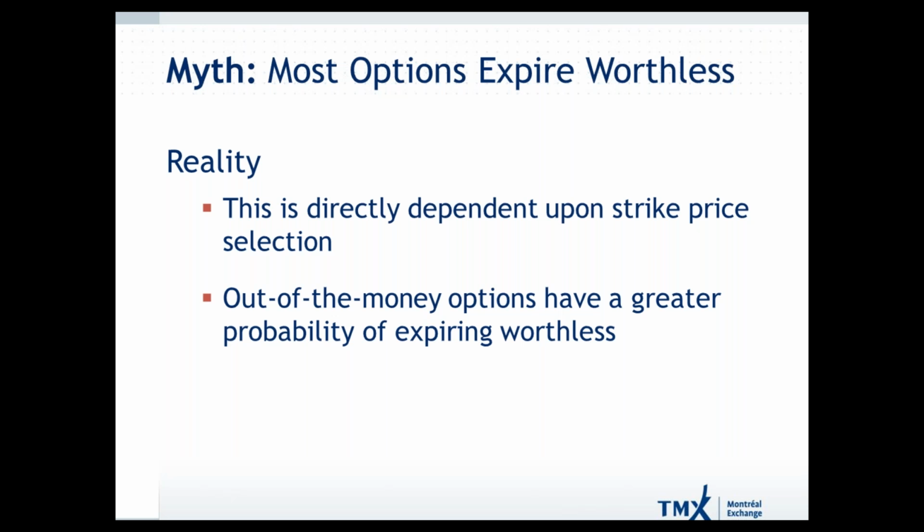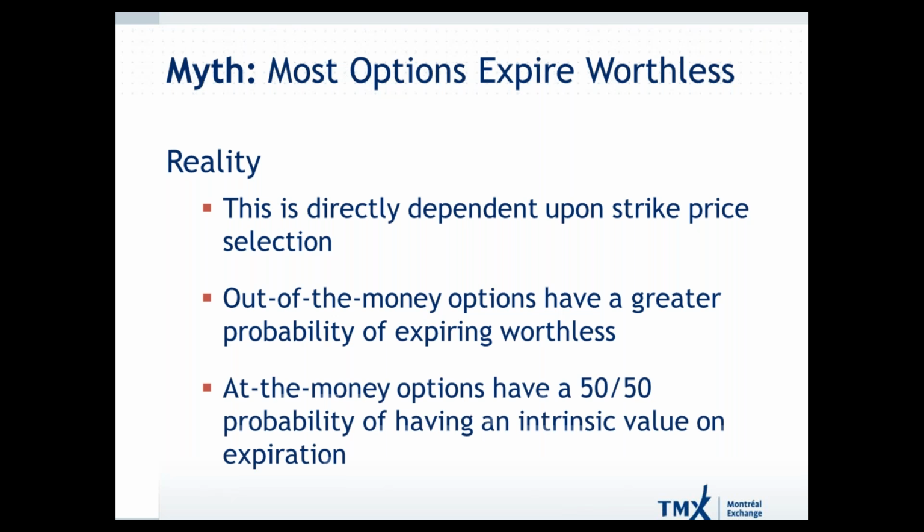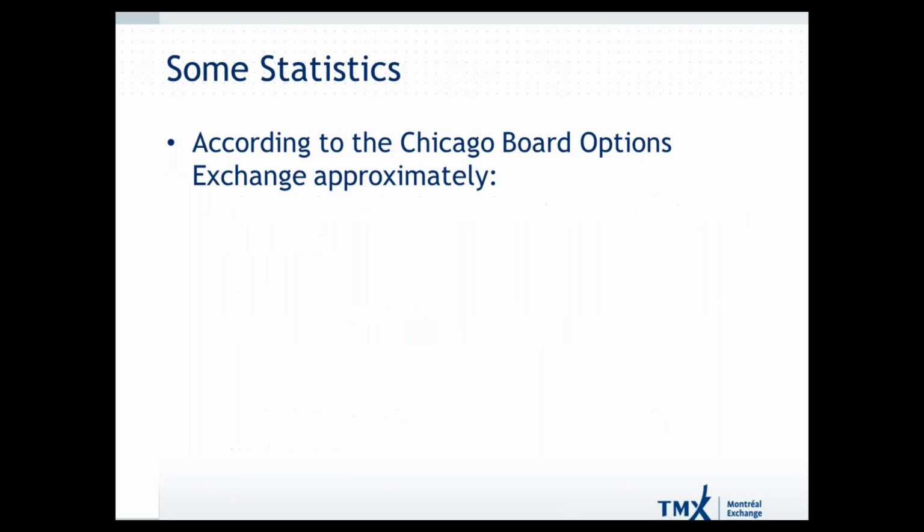But the probability is dependent upon the characteristic of the option contract. So for example, an at-the-money option contract has in fact a 50% probability of having an intrinsic value on expiration, which means that it is not going to expire worthless. It would be exercised, or the person would be assigned because it has a value.